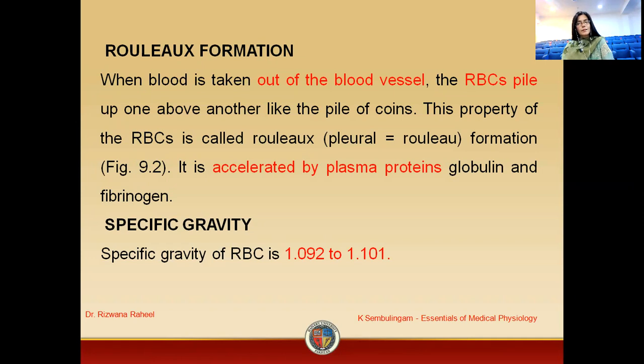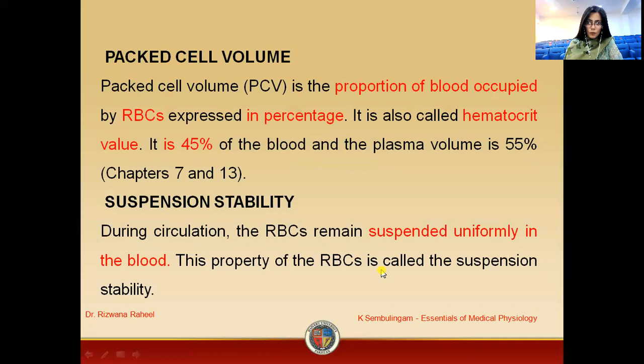Now, second property is the specific gravity. The specific gravity of RBC is 1.092 to 1.101. Now, what is packed cell volume? We have already discussed in our previous lecture that packed cell volume, that is abbreviated by PCV, is the portion of the blood that is occupied by the RBCs or the red blood cells and expressed in percentages.